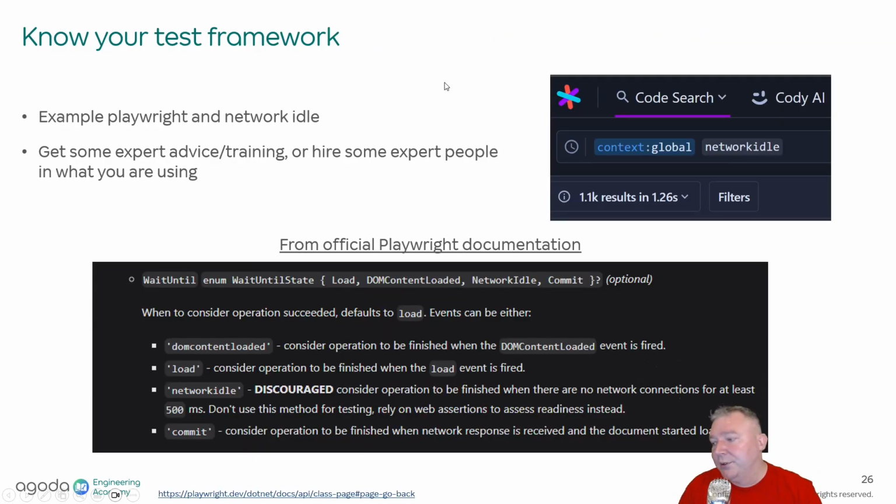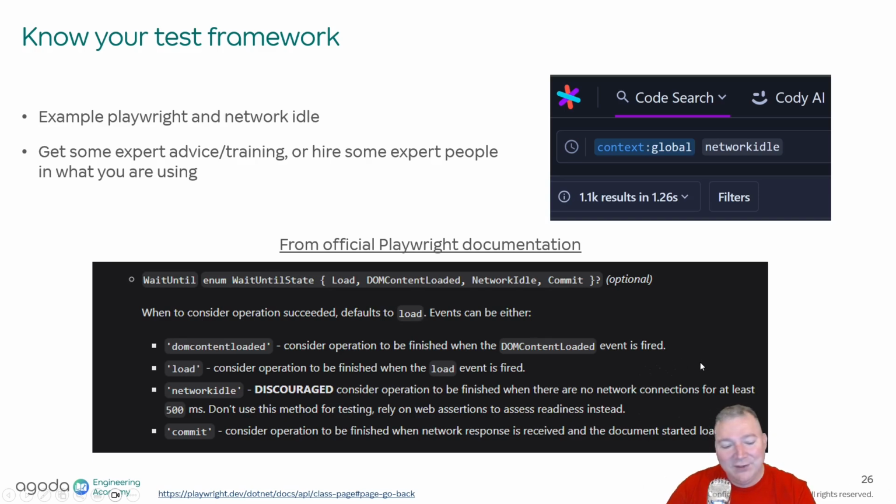Know your test framework. This is a problem that I had recently. We started to use Playwright for the first time, and one of the problems we ran into is that a bit of our documentation got out that instructed people to use this thing called network idle. And network idle, you can see here in the Playwright documentation, they basically say don't use this.